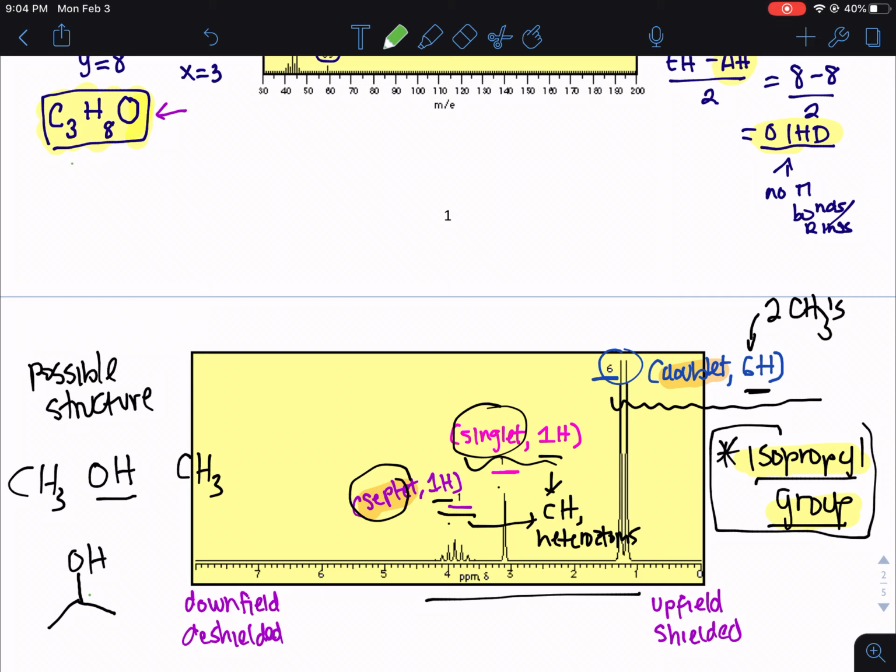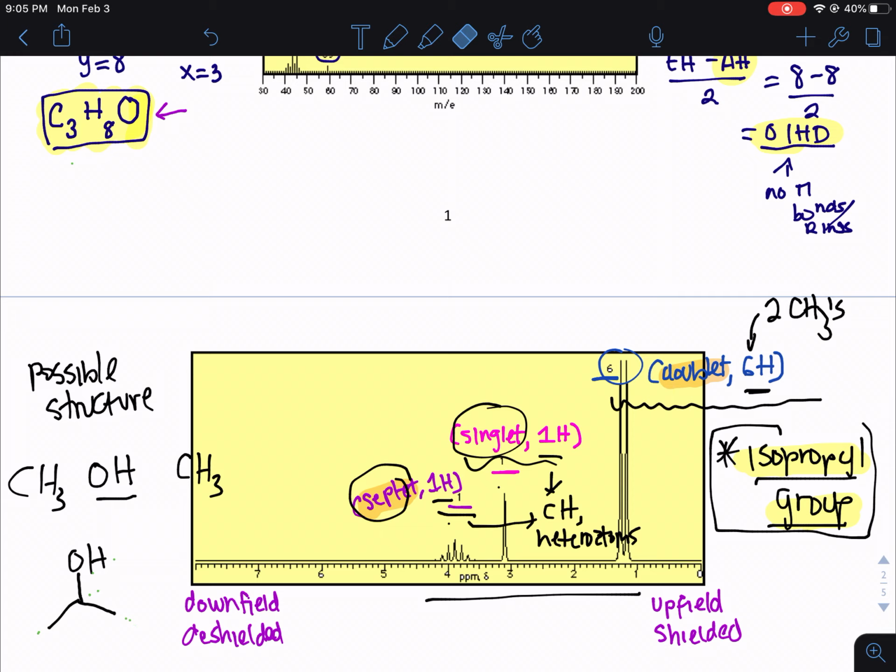So we have no missing hydrogen. But if you want to count for certainty, you have 1 hydrogen here, 1 hydrogen coming off of that CH group, and then 3 hydrogen and 3 hydrogen. So that's 6, 7, and 8. So everything looks good so far.